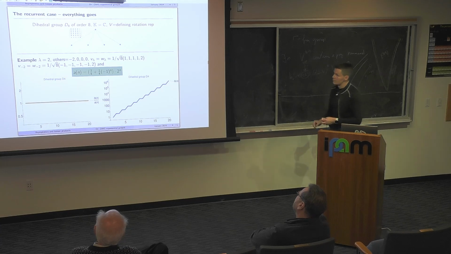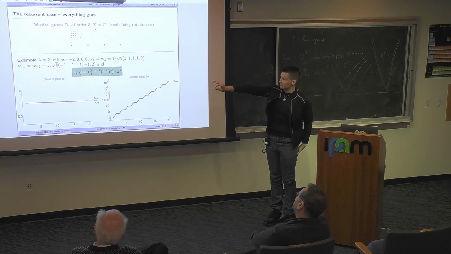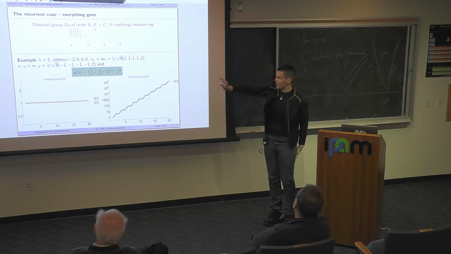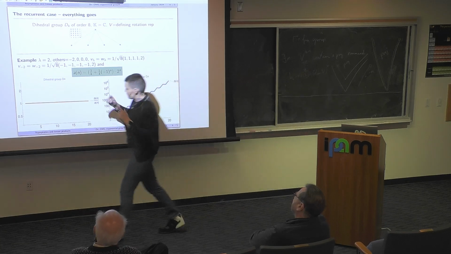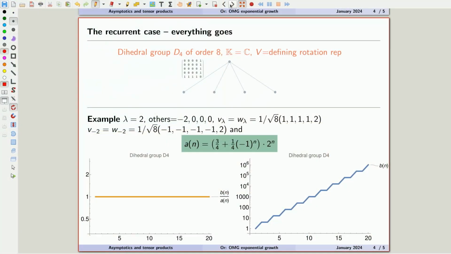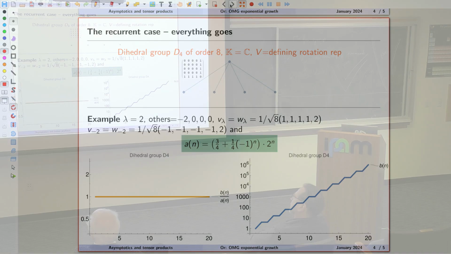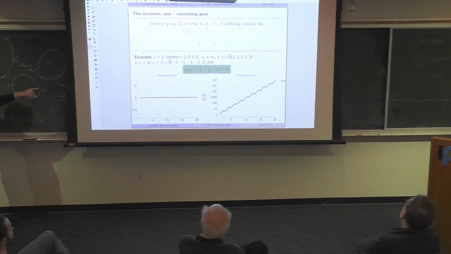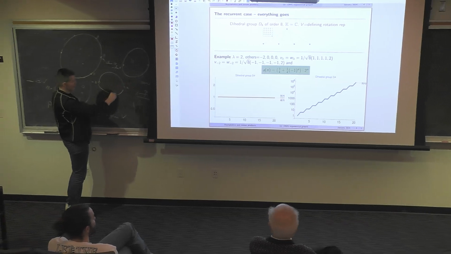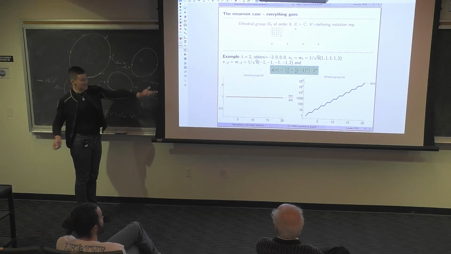Like in this example, my eigenvalues are 2 and minus 2. So I have 2 and minus 2, and you have two associated eigenvectors. So here I have the leading eigenvector, 2, and minus 2. I have associated eigenvectors. And if you do the formula, you get exactly the sign. So what is the second root of unity? It's a sign.